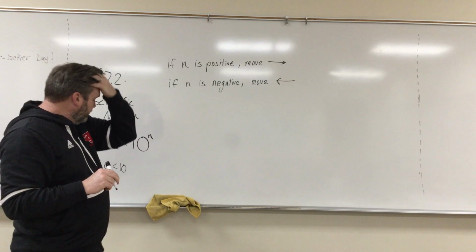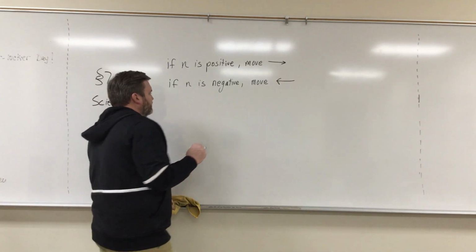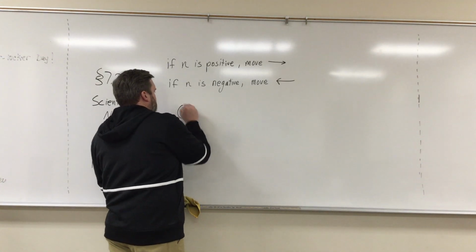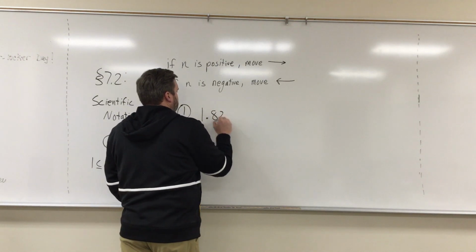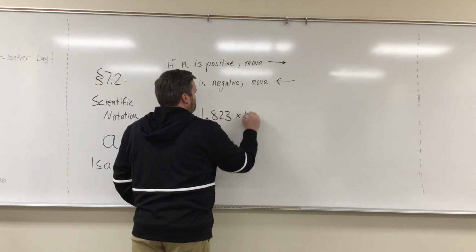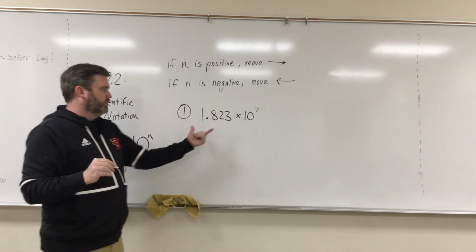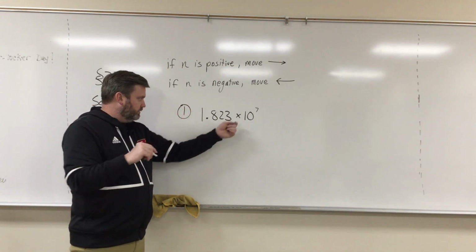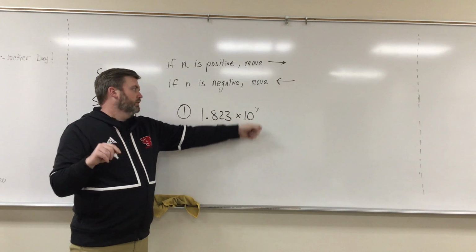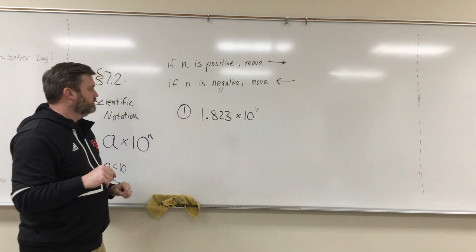So let's start with something like 1.823 times 10 to the 7th. So that number is between 1 and 10, so check, times 10, check, integer. So we are in scientific notation.